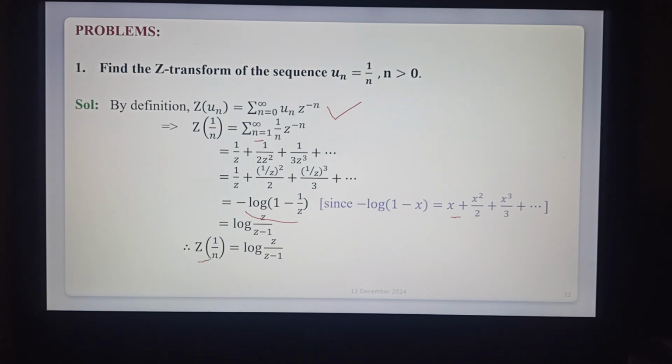So the Z transform of 1/n is log of z/(z - 1).